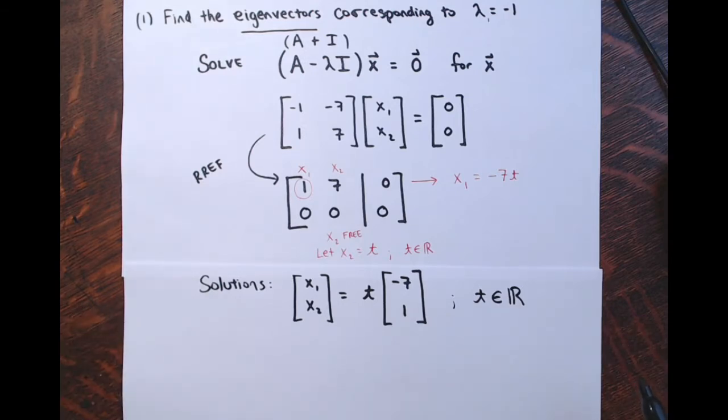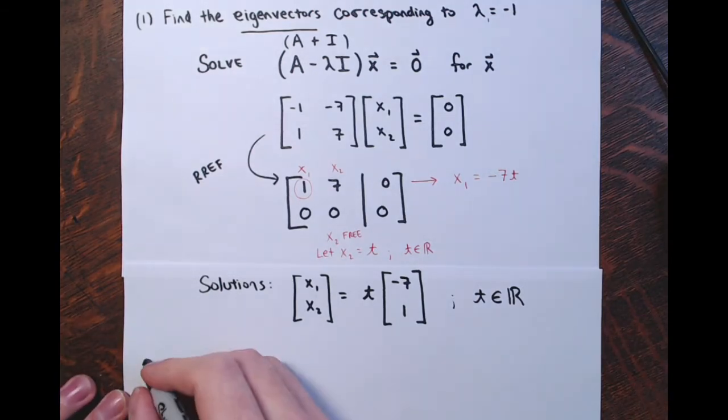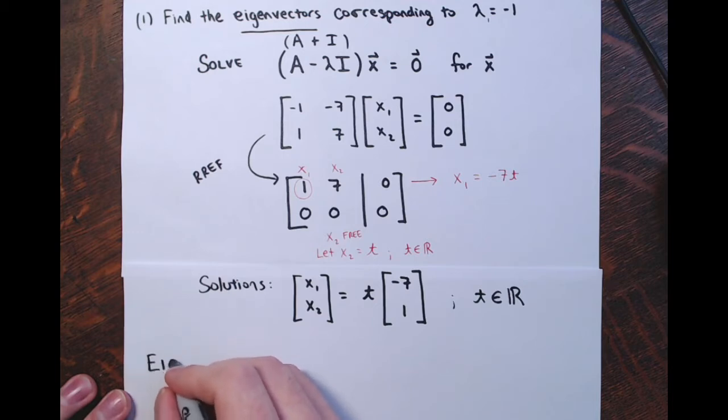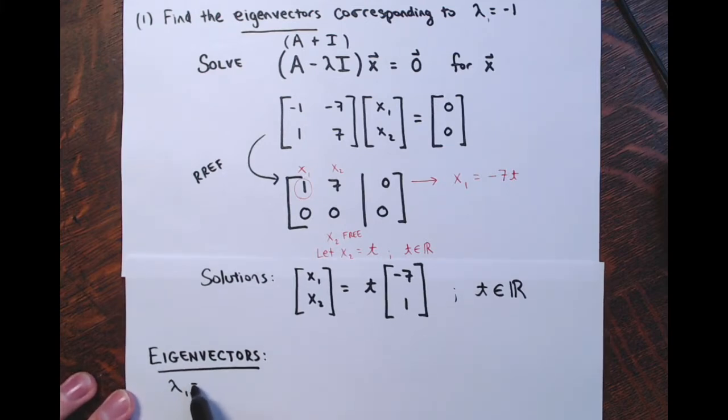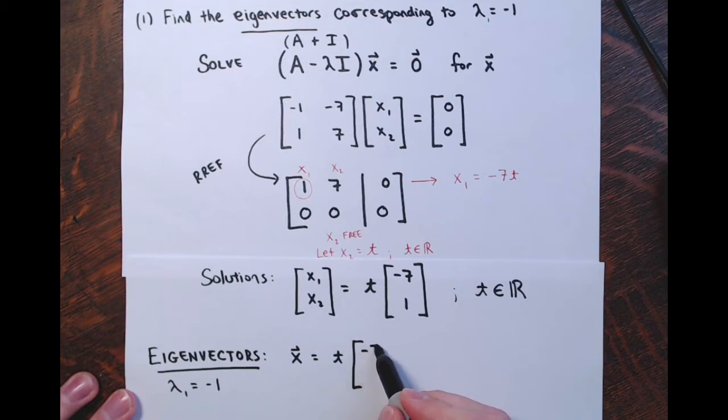All right, so the eigenvectors are just the non-zero ones. The eigenvectors corresponding to lambda equals -1 are all these vectors that look like this: t times the vector -7, 1, where t is not 0.